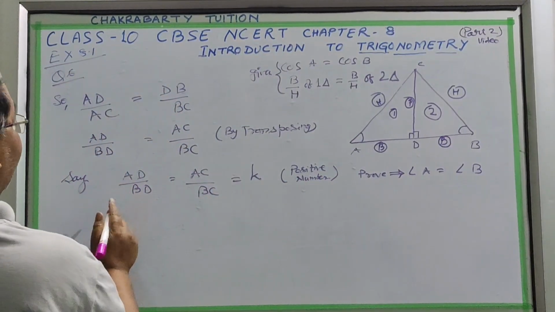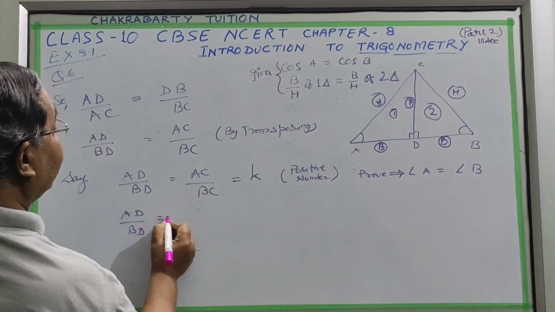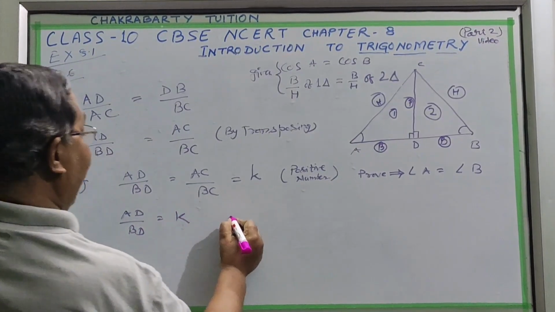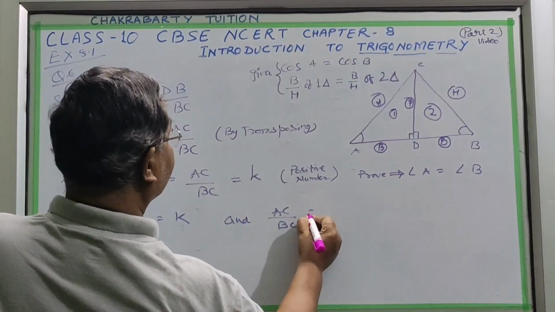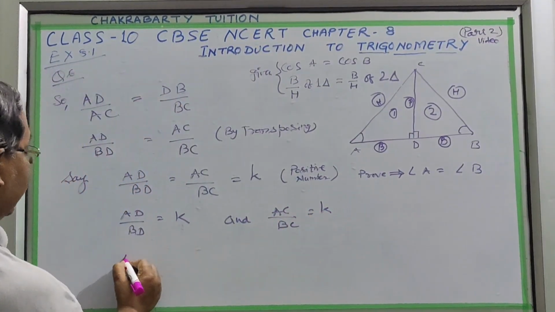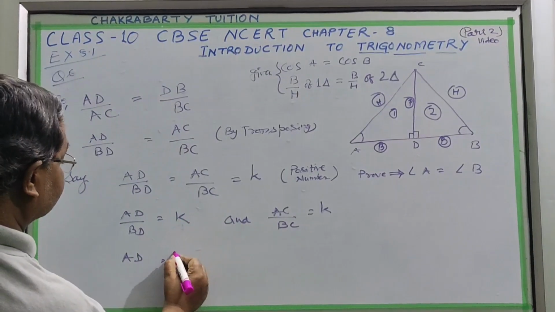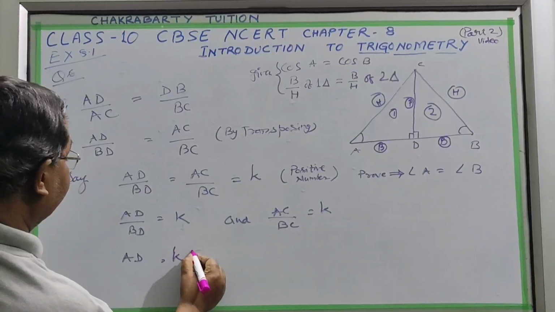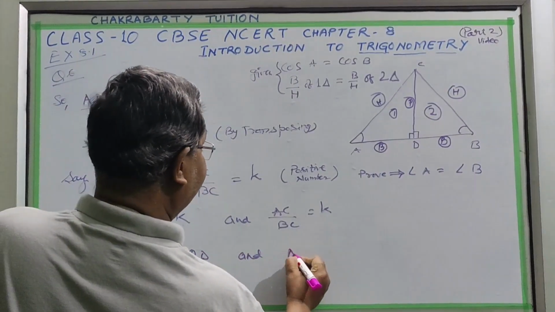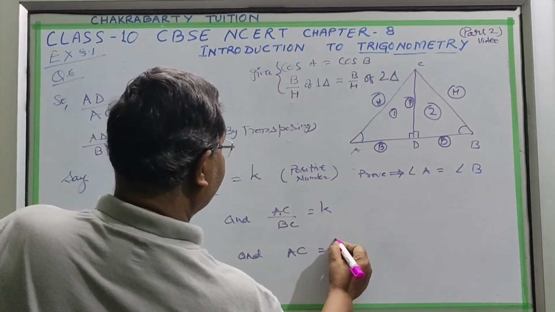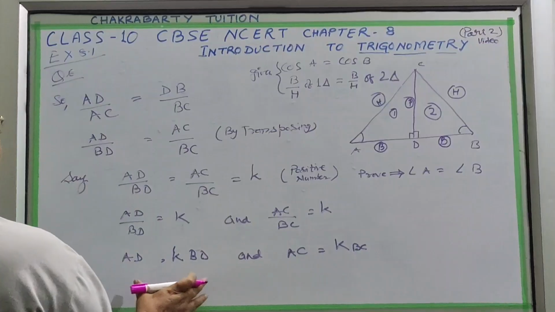So AD upon BD will be equal to K, and AC upon BC will also be equal to K. By transposing, AD equals K into BD, and AC will be equal to K into BC. So this we have done.